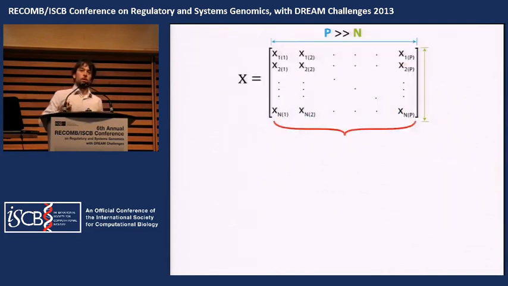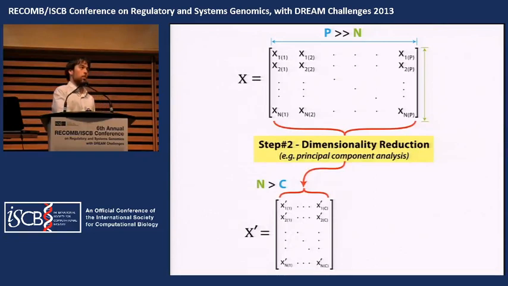So in order to make this a tractable statistical fitting problem, I needed to do dimensionality reduction to reduce this large matrix into something more reasonable. And I ended up using principal component analysis because that is the classical and most well-established dimensionality reduction technique.